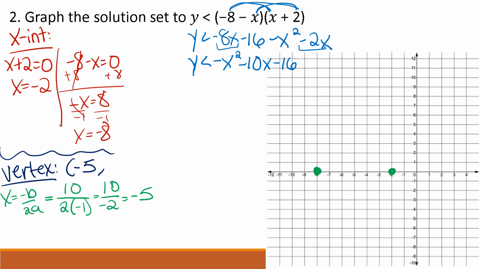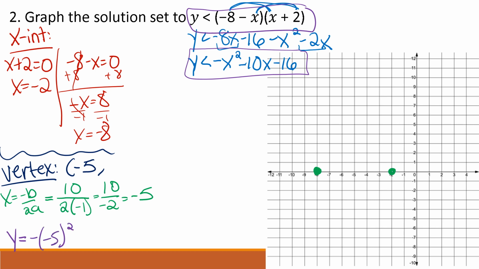Then we're going to plug that in and figure out the y value of the vertex. You could plug it into the original one or the standard form version. Doesn't matter. The same equation, they just look different. You get the same answer. I'm going to do the standard form one. So I'm going to do -5 squared minus 10 times -5 minus 16.